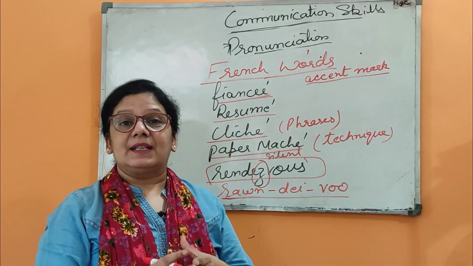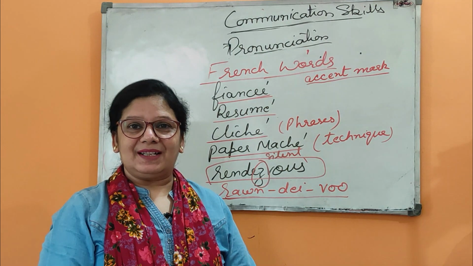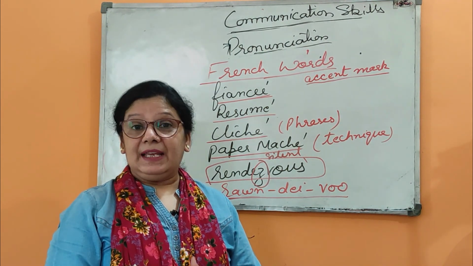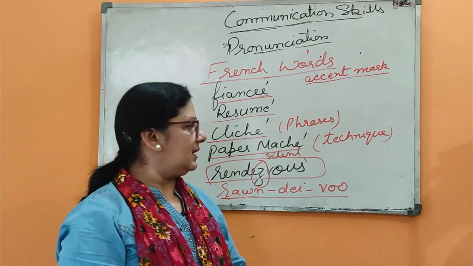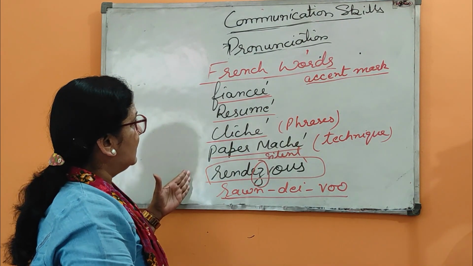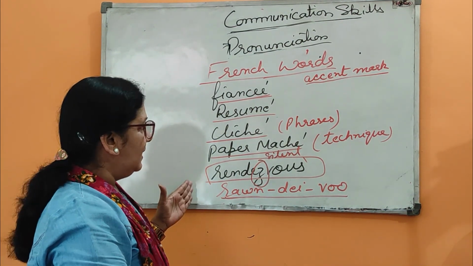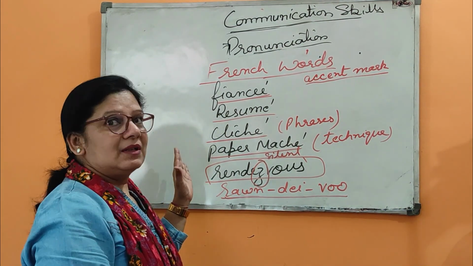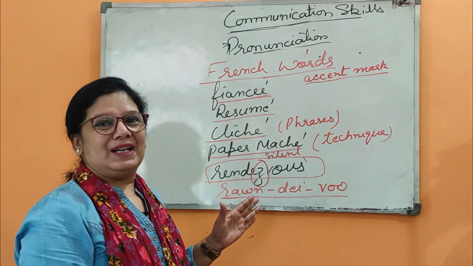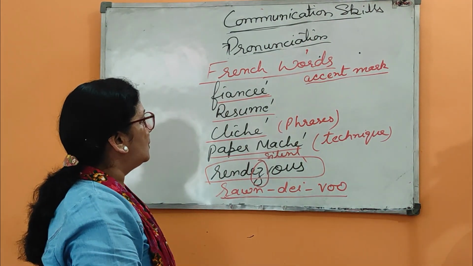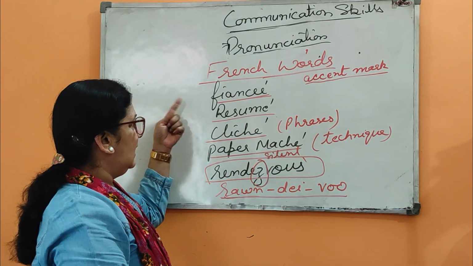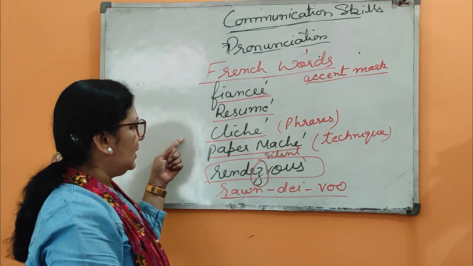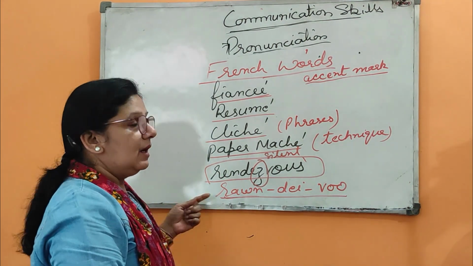Rendezvous is a special meeting with a person, or it may be a place of special meeting. So these are some words taken from the French language and they are many a time mispronounced. That's why I chose them to tell you: fiancé, résumé, cliché, paper mache and rendezvous.